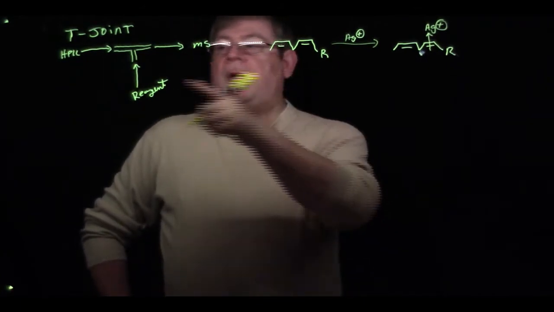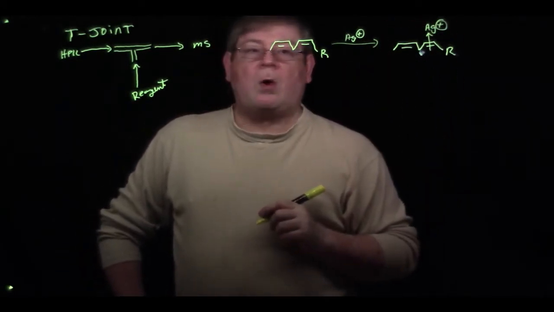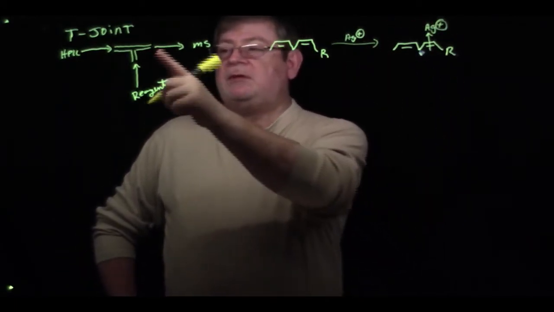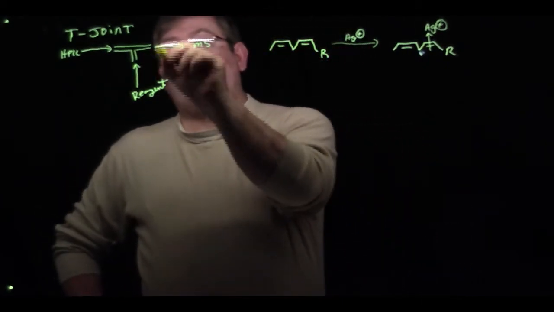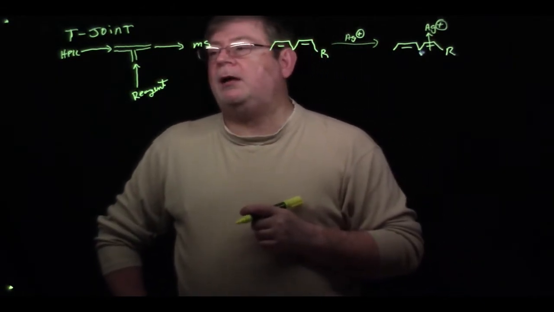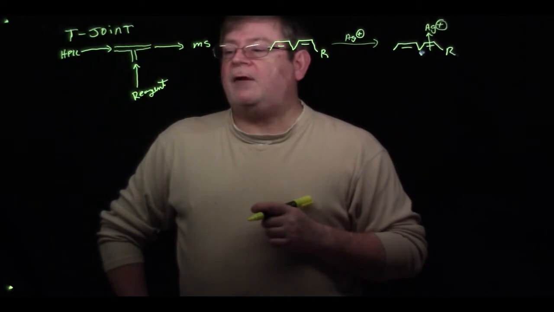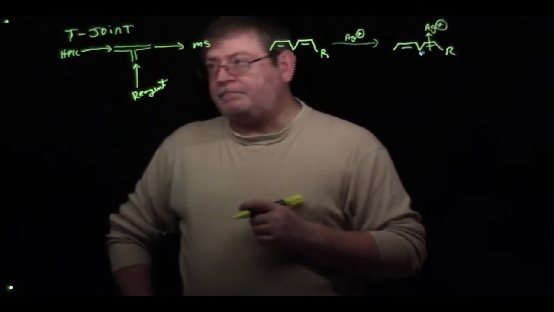You can do post-column modifications to get things that you can detect quite easily. These experiments are very easy to do, very inexpensive. You can buy the T-joint from Upchurch for about $5–10 depending on where you order it from. Very affordable way to do these types of experiments.